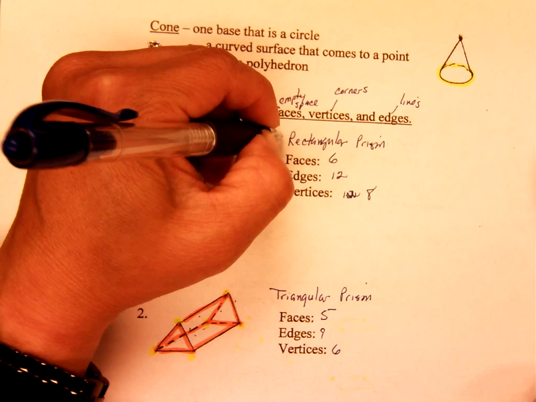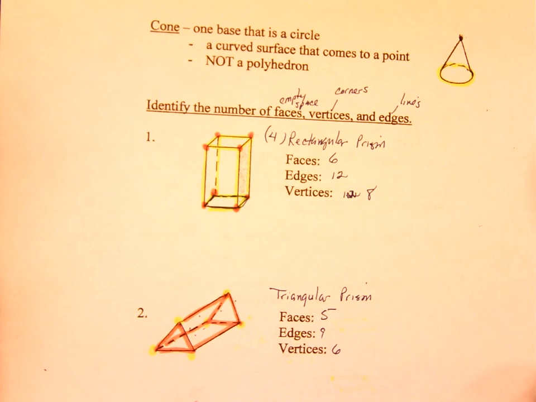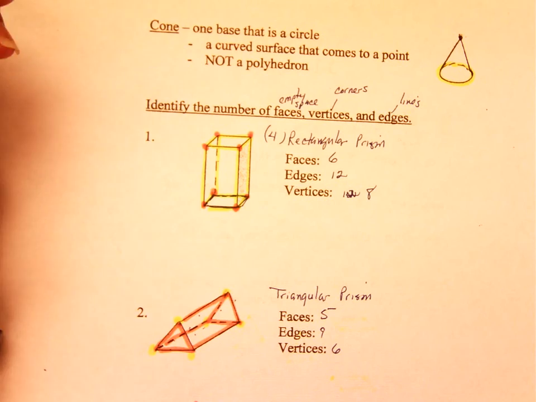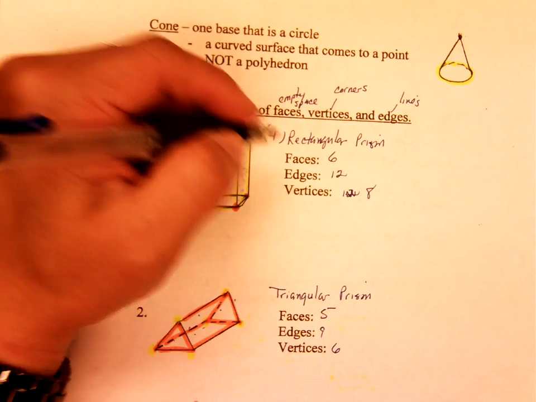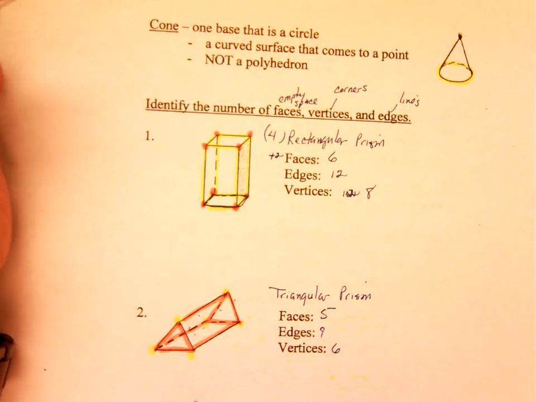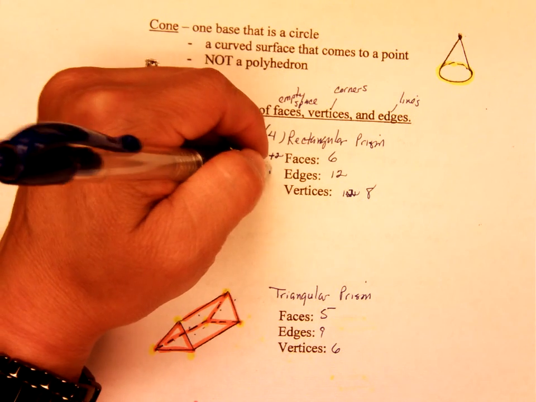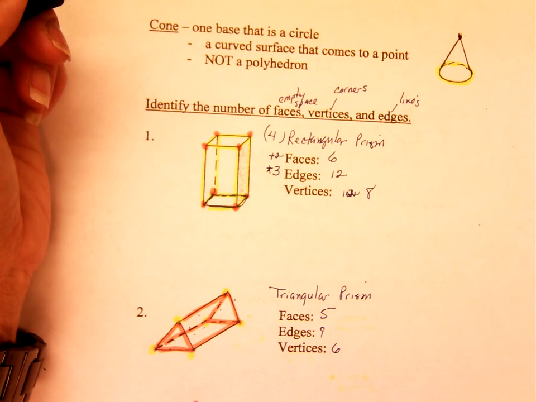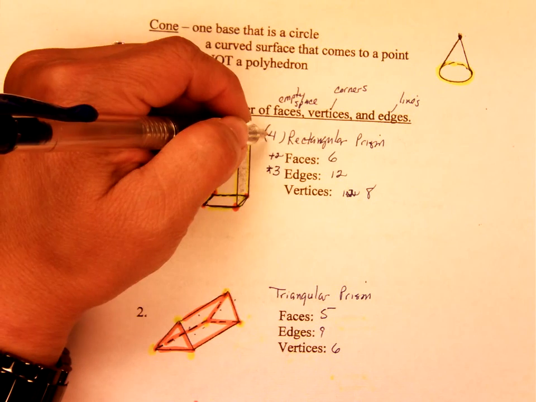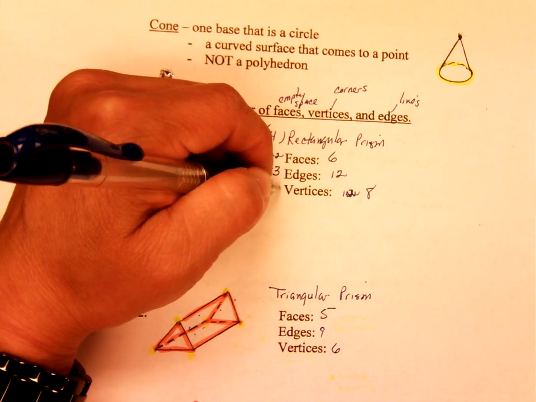Well, a rectangle has 4. Okay, so to get faces, let's look at this, we added 2. To get edges, you multiplied by 3. To get vertices, you multiplied by 2.